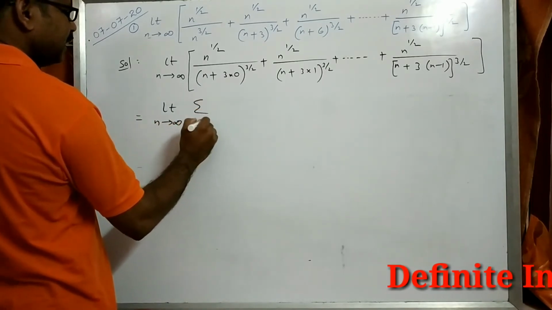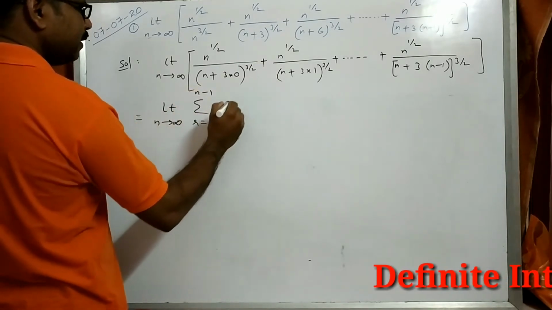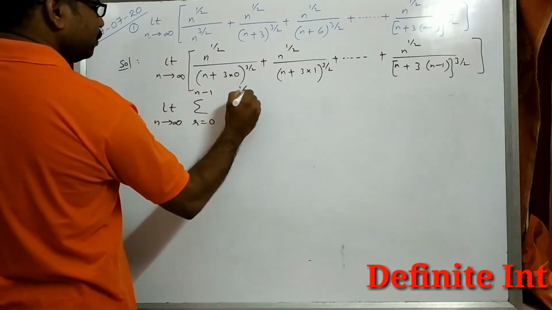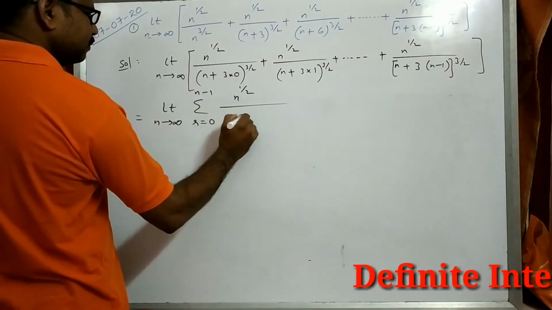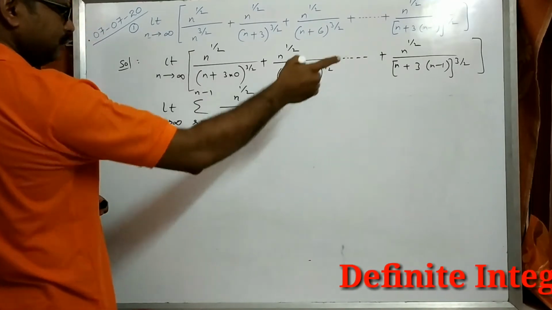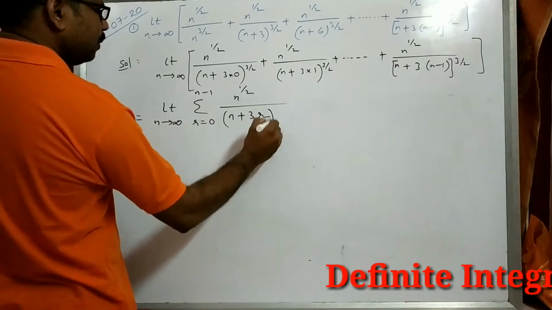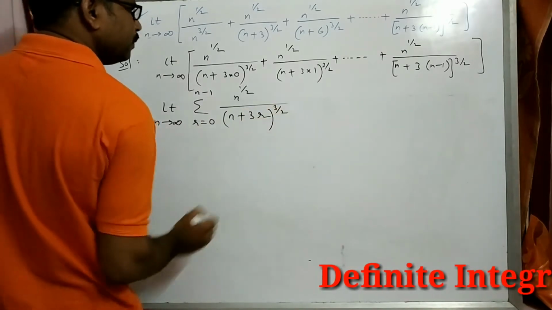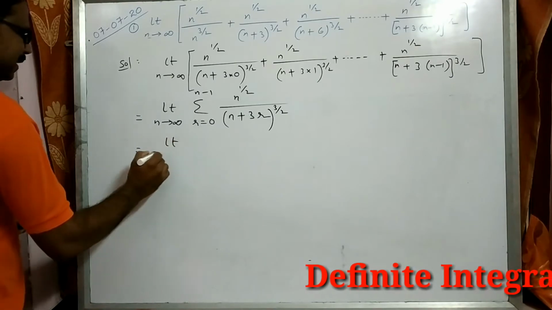Summation r equal to 0 to n minus 1, n power 1 by 2 as it is upon n plus 3r from r equal to 0 to n minus 1 whole power 3 by 2. Now I want 1 by n separately.